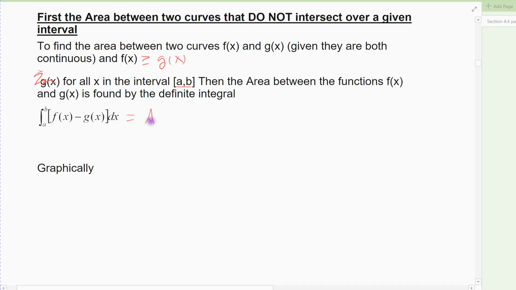This finds my area between f of x and g of x over the interval a to b. And it's important that this is the bigger function minus the littler function.